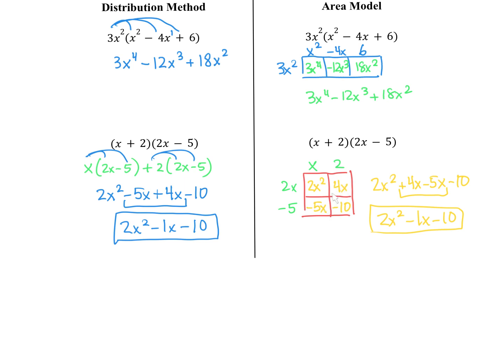It's just a visual representation of the multiplication. So I tend to use distribution when I'm doing monomial times polynomial, and I tend to use the box method when it's polynomial times polynomial. Of course, you can use whichever method you prefer. Both of these are fair game. And that's it. That's lesson 1.